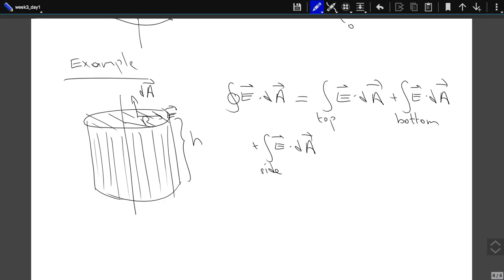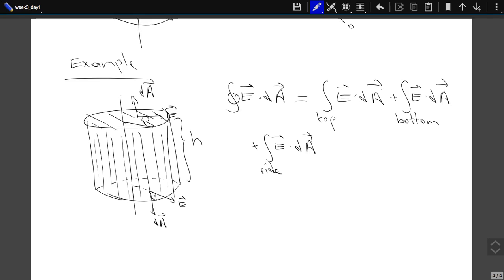At the bottom, at this point, this is my dA and this is my electric field, and the angle between the two is 90 degrees. Again, E dot dA is 0 for each one of the patches making up the full bottom area. So this is 0.